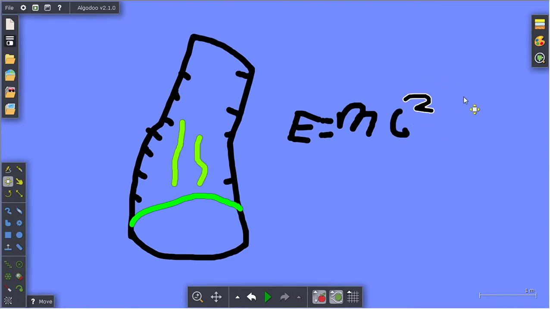Squared is the 2 symbol here, and I think C represents the speed of light. So energy is equal to the mass of an object, so how many particles or atoms are in that object, times the speed of light squared.